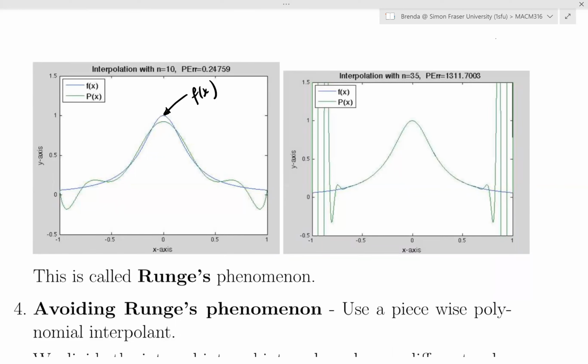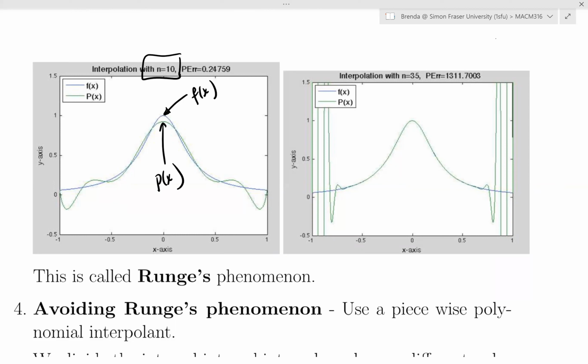So that's 10 data points, the nodes equal to 10. And we get this green interpolating polynomial. The green thing there is p of x. As you can see, it doesn't match f of x everywhere. But particularly in the mid-range, it's not so bad, and it's a little bit bad near the endpoints.